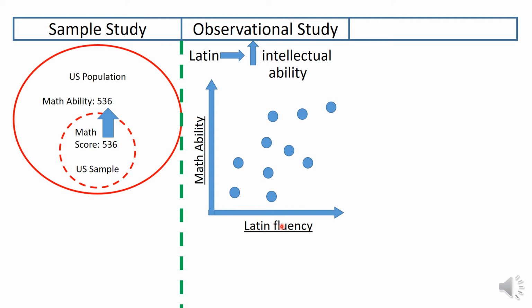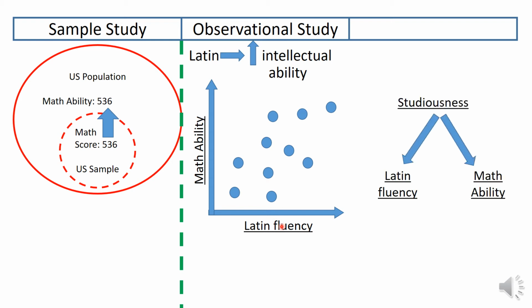It could be that there is what's called a spurious or a lurking or a confounding variable. So, for example, your most studious students are probably going to have the highest Latin fluency and also have the greatest math ability.